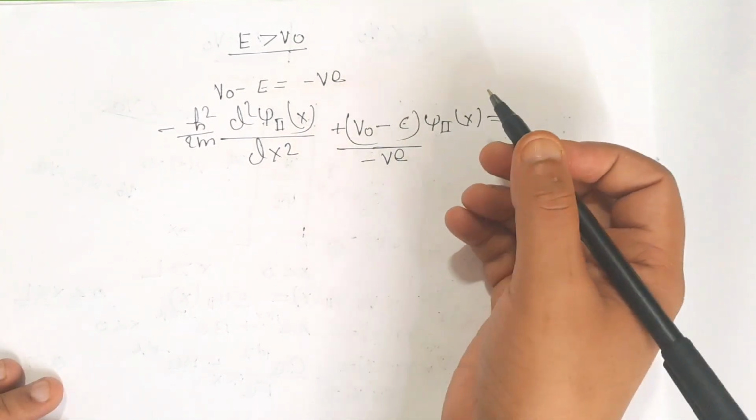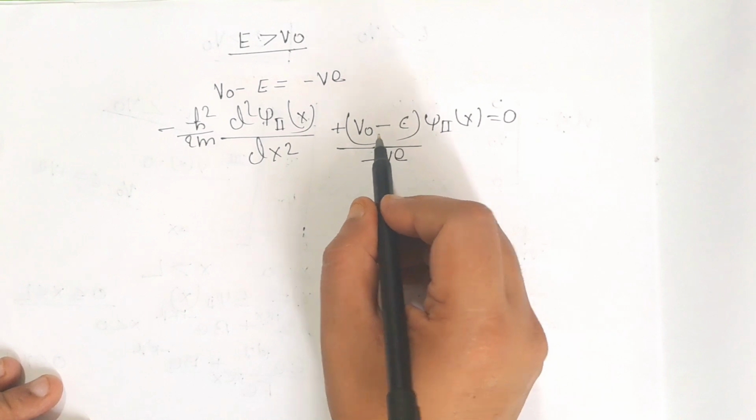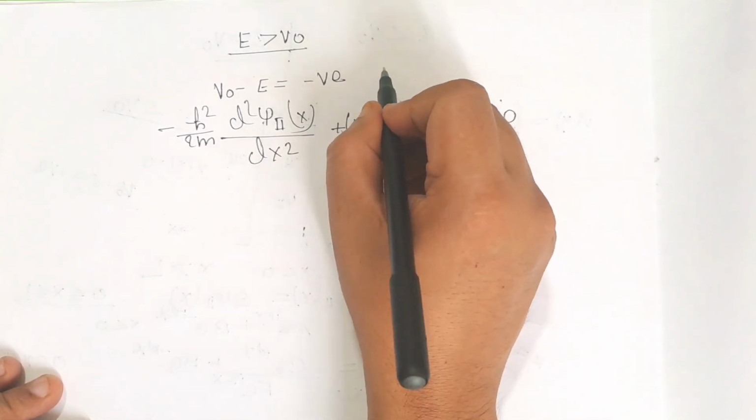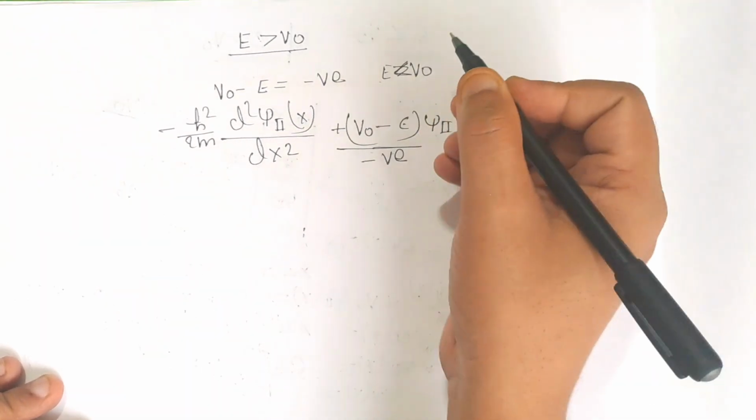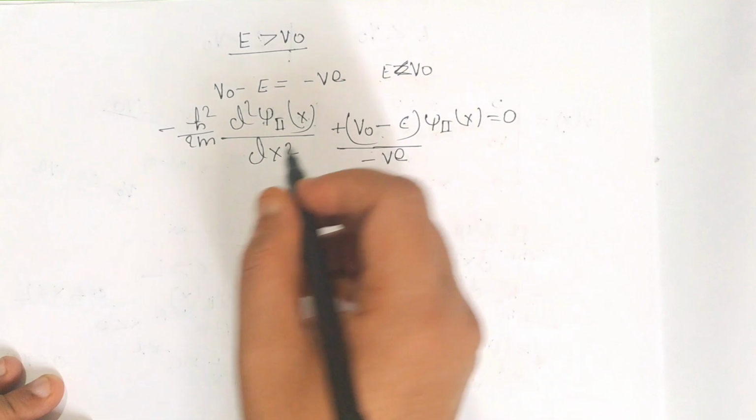And we know that if E is smaller than V0, then this one is positive.